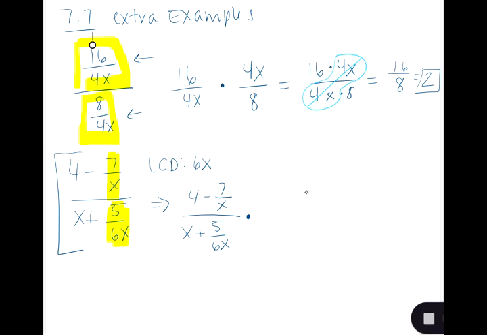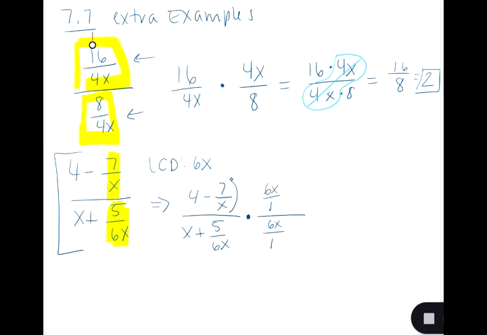So what I'm going to do, though, is write it as 6x over 1 over 6x over 1. Okay, so this is still equal to 1, this fraction that I'm multiplying by. I'm not changing anything. But when I put it over 1, it helps me remember that I'm actually multiplying the numerator of any of my fractions, not the denominator, okay? It's really important that you remember that.